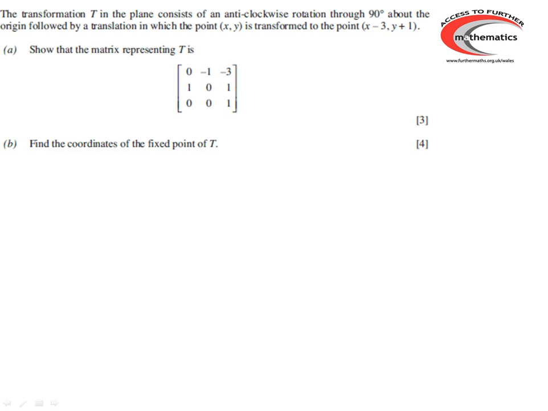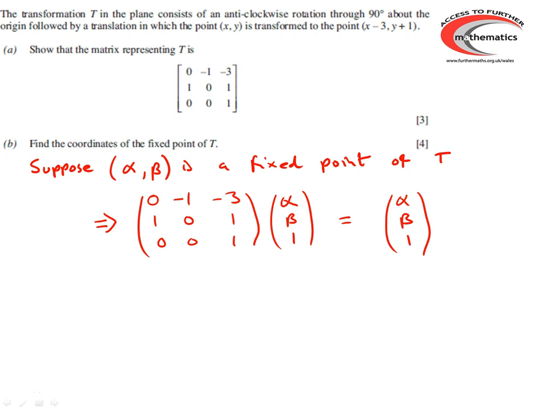We've now got to find the coordinates of the fixed point of T. So let's suppose that (alpha, beta) is a fixed point of T. Then that means that the matrix times (alpha, beta, 1) must equal (alpha, beta, 1). In other words, we've got (-beta - 3, alpha + 1, 1) must equal (alpha, beta, 1).